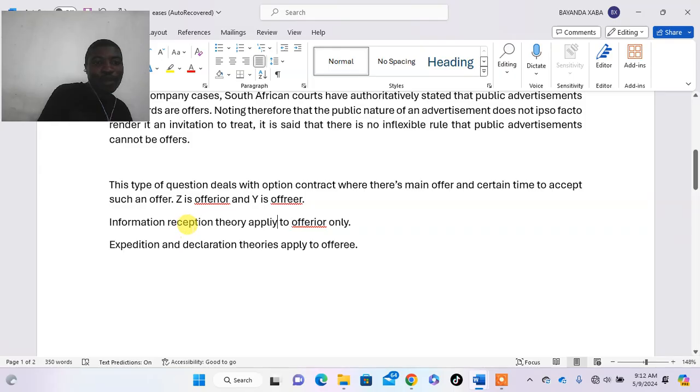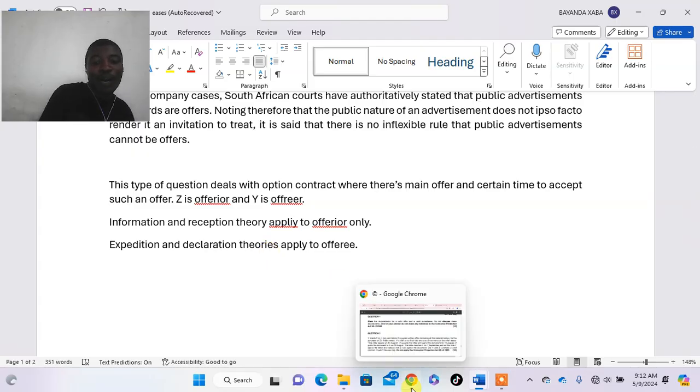Reception makes it clear that when the contract reaches the address of the offeror, it has come into being. Expedition makes it clear that when the offeree posts the acceptance, the contract has come into being. Declaration makes it clear that when the offeree signs the contract, it has come into being.